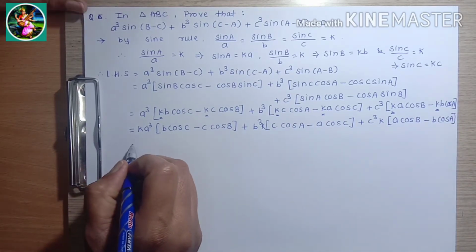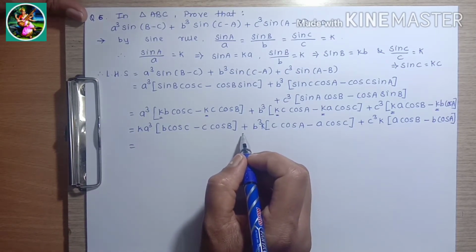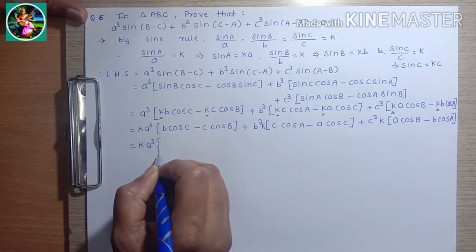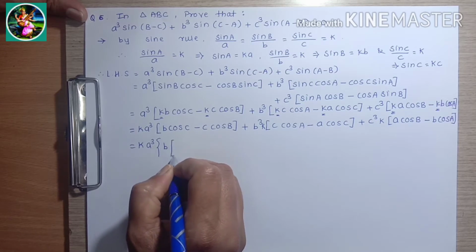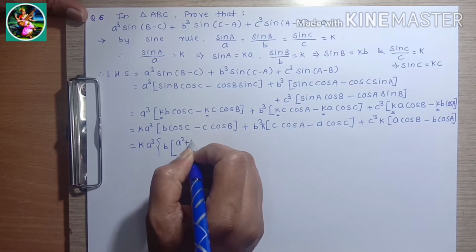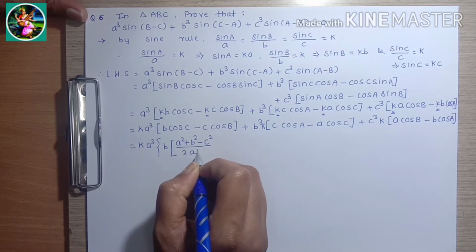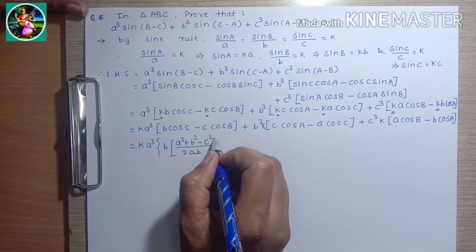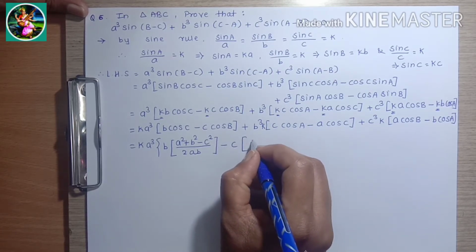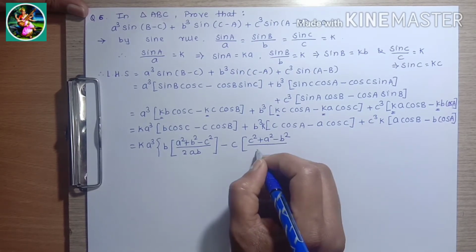Now we substitute the values of cos a, cos b and cos c by using the cosine rule. Therefore, we get k a cube into bracket b into bracket, the value of cos c is a square plus b square minus c square divided by 2ab, minus c into the value of cos b, that is c square plus a square minus b square divided by 2ca.